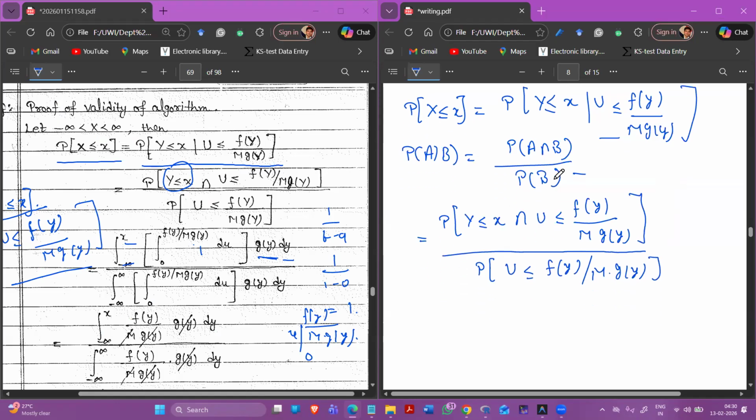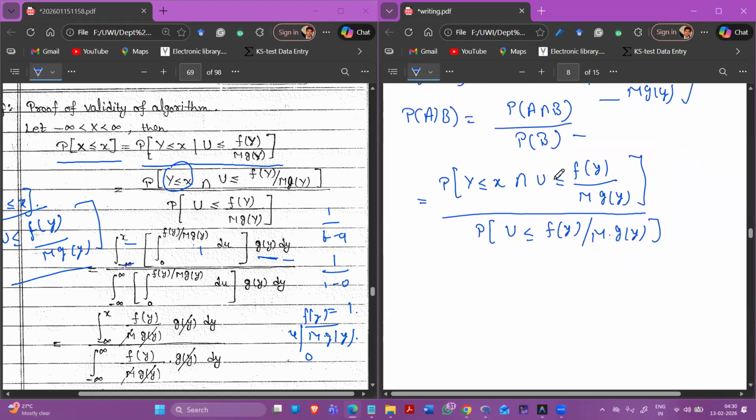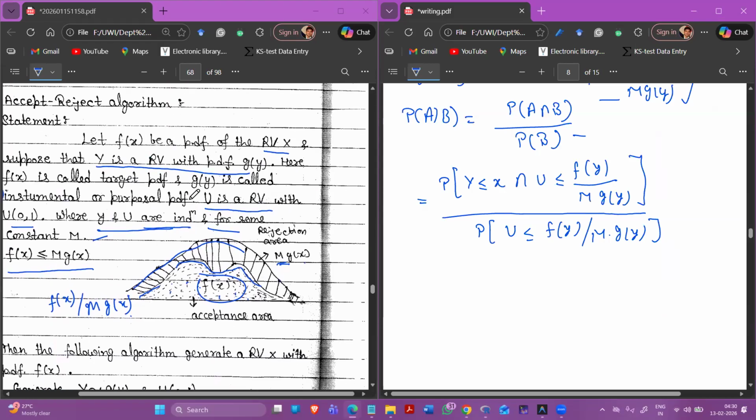Now you need to solve these probabilities. How will you solve them? Here in this algorithm we assume that y and u are both independent. So if A and B are independent, how will you write the probability of A intersection B?